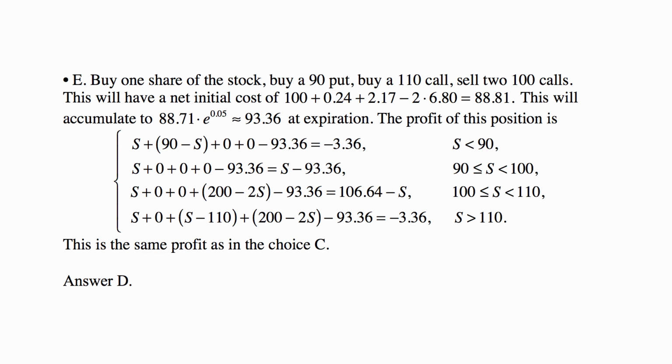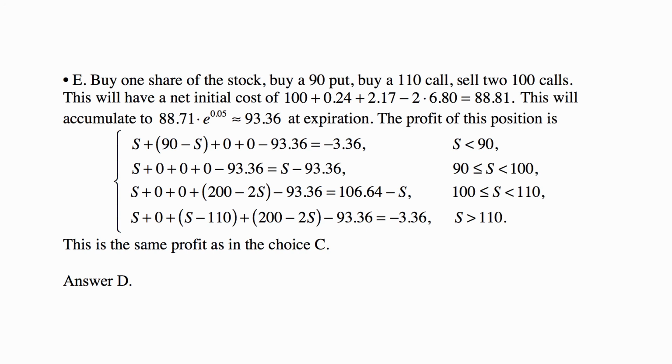but S cancels with 90 minus S for S less than 90, and we get a constant negative 3.36. Then we have S minus 93.36 for S between 90 and 100, and S minus 2S, so it's minus S, so 106.64 minus S for S between 100 and 110.